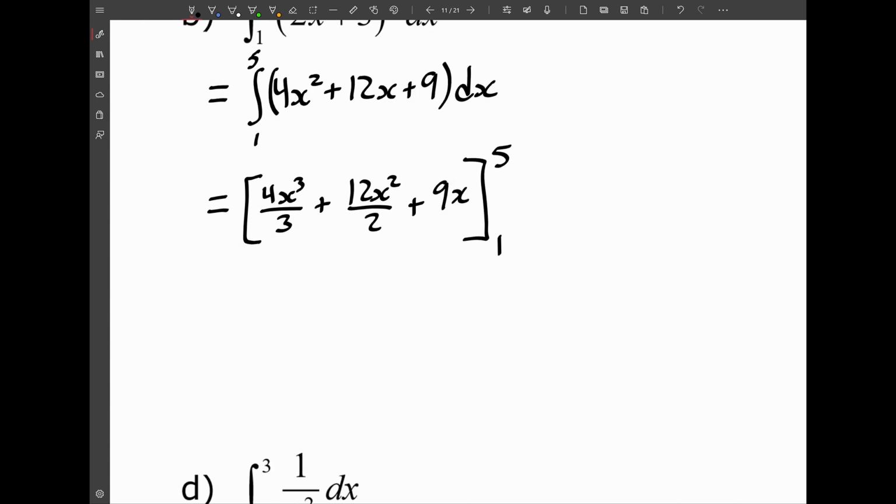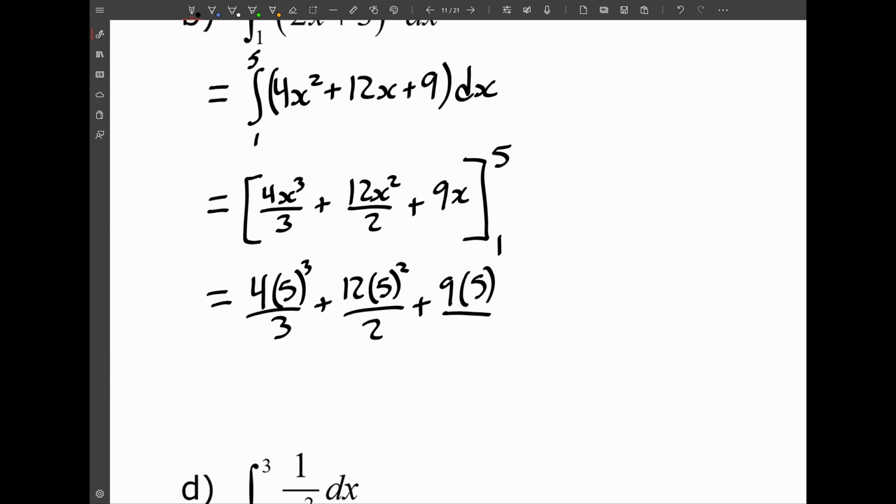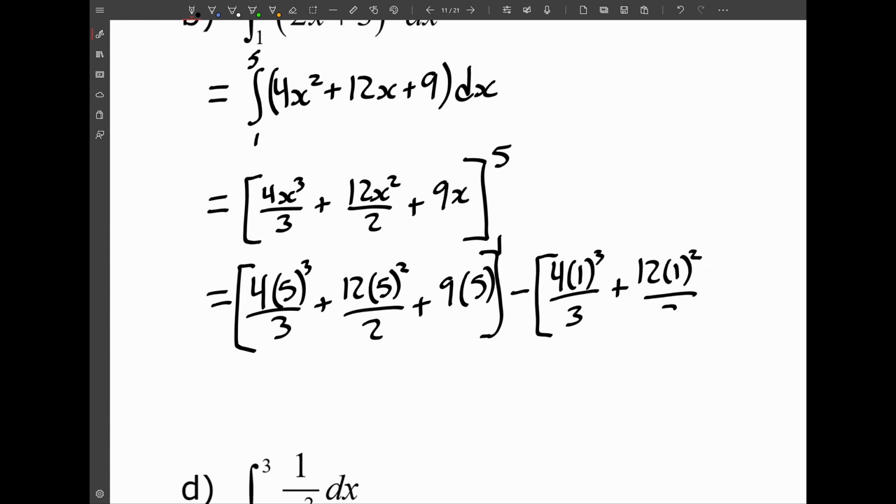So what this means is this is equal to 4 times 5 cubed over 3, plus 12 times 5 squared over 2 plus 9 times 5 all over nothing. There was nothing there. I just made something up. There we go. And then we're going to subtract 4 times 1 to the power of 3 over 3 plus 12 times 1 to the power of 2 all over 2 plus 9 times 1.